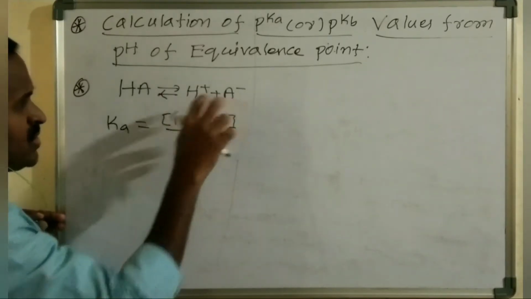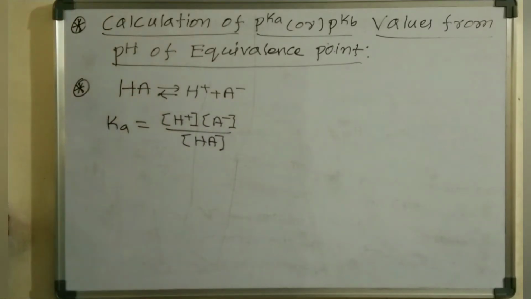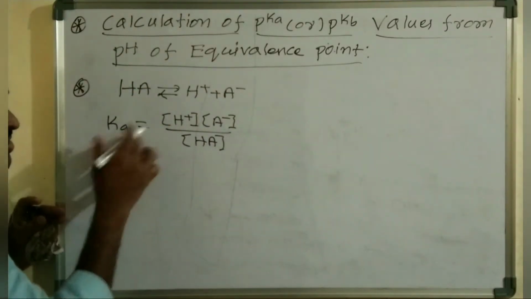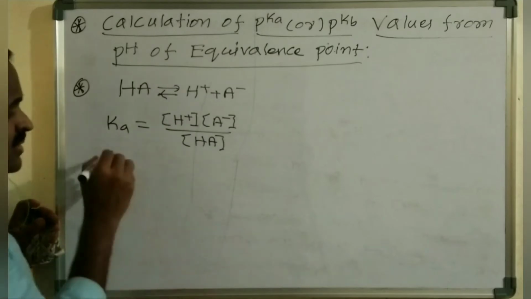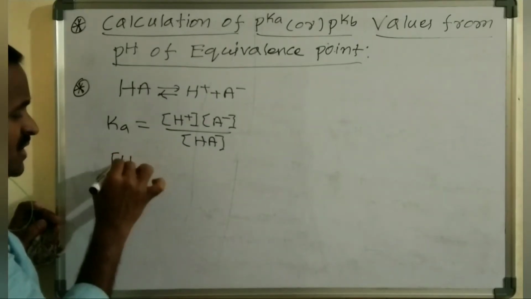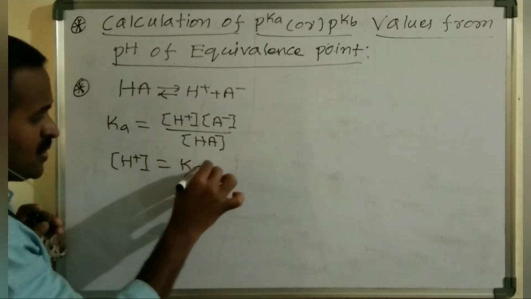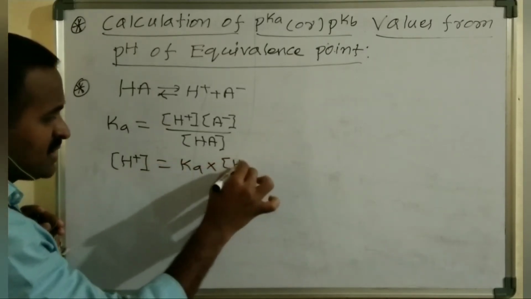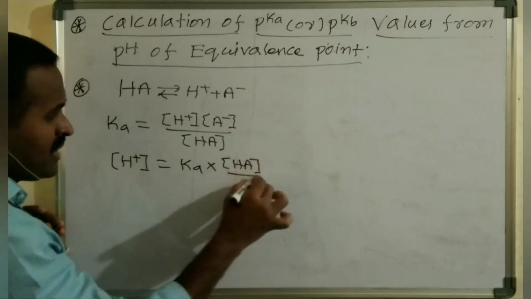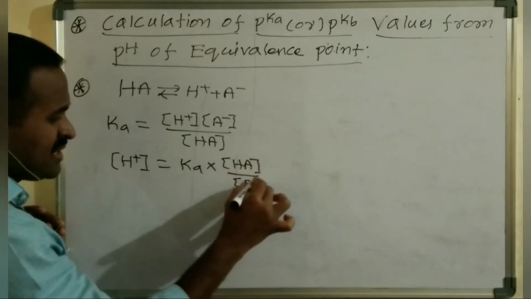Making the H plus ion concentration the subject, H plus is equal to Ka times HA concentration divided by A minus ion concentration.